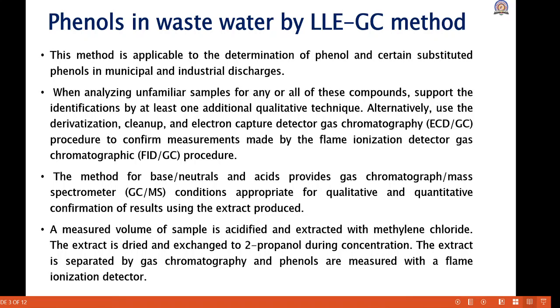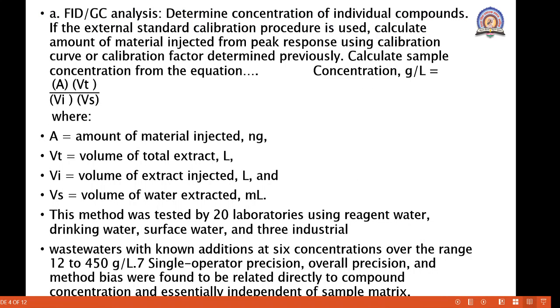The extract is dried and exchanged to 2-propanol during the concentration. The extract is separated by gas chromatography and phenols are measured with the flame ionization detector. By this method we determine the phenol present in the wastewater.